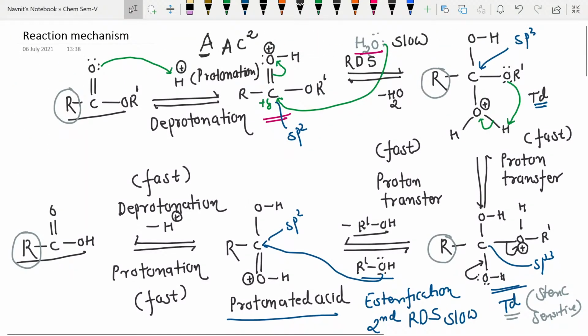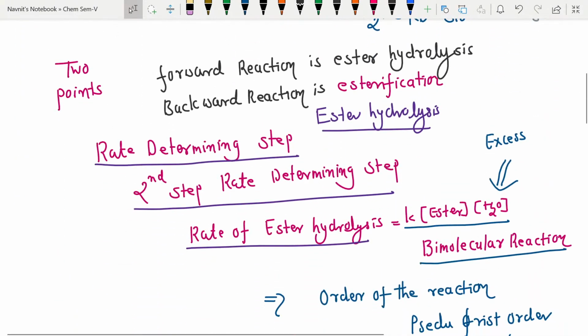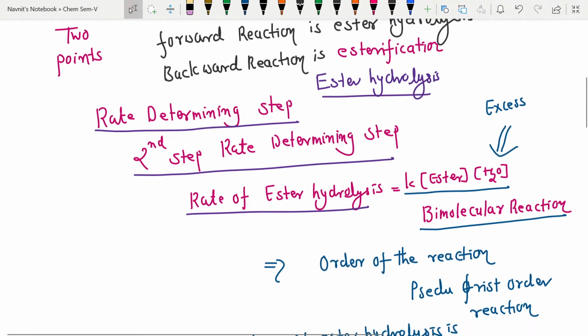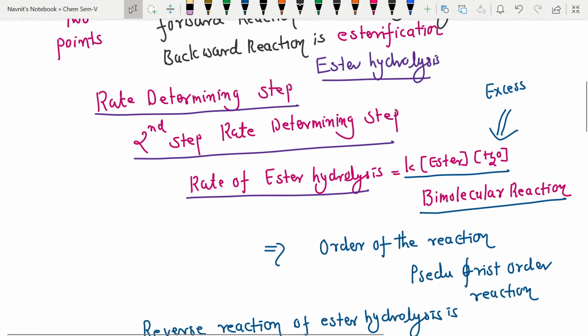And the second step in both esterification as well as ester hydrolysis is the rate determining step. In ester hydrolysis, the second step is the rate determining step, which leads to the formation of the tetrahedral intermediate. So the rate of ester hydrolysis depends on two species, ester and water.